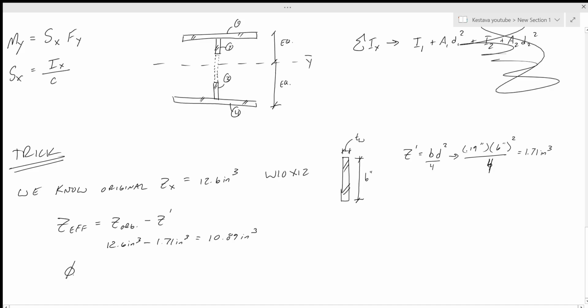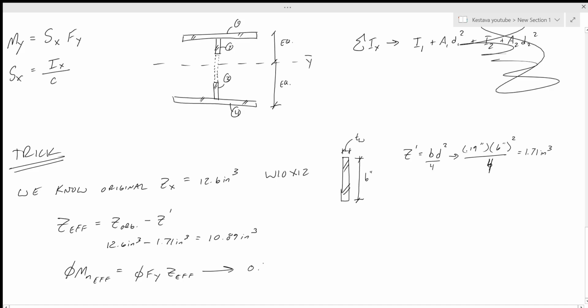Now we know phi-Mn effective. Once the penetration is made, everything is going to be called effective. It equals phi Fy, because we're using LRFD, times Z effective.